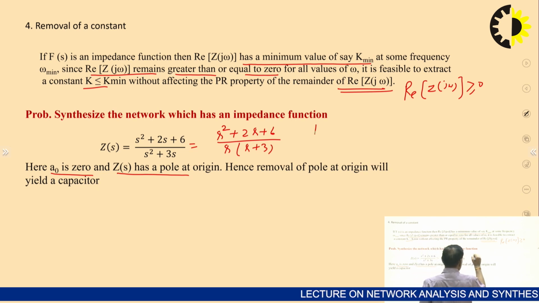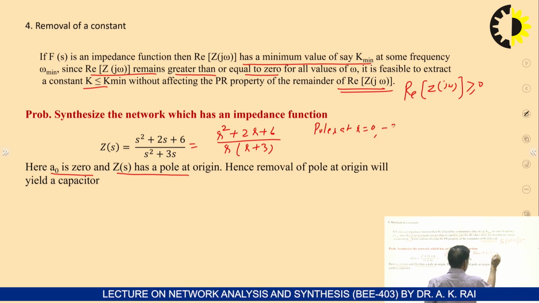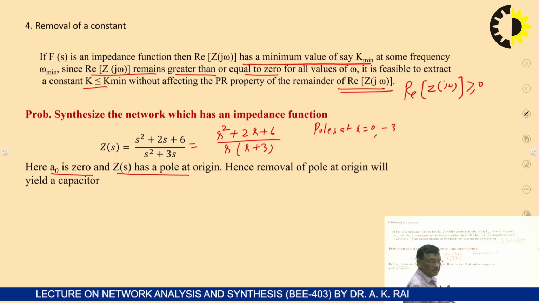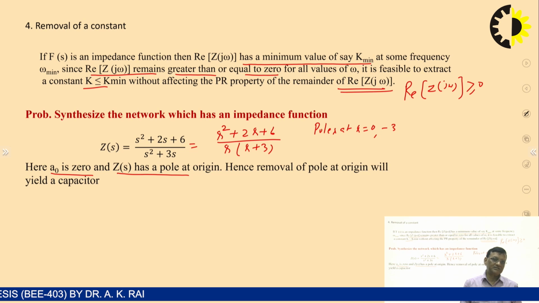A0 is 0, so this Z(s) has a pole at origin. The poles are at s equal to 0 and s equal to minus 3. So there is a pole at origin in this function, and this function is an impedance function.